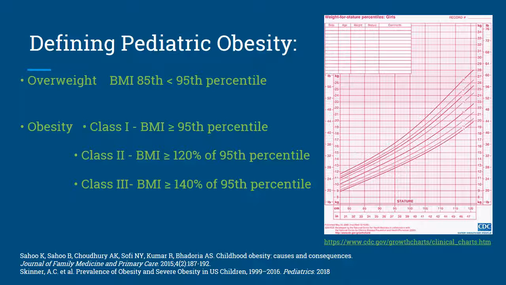BMI for Class 1 obesity is greater than or equal to the 95th percentile. Class 2 BMI is greater than or equal to 120% of the 95th percentile. In Class 3, BMI is defined as greater than or equal to 140% of the 95th percentile.